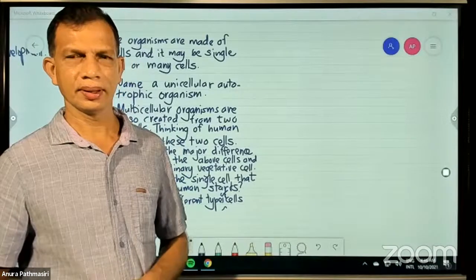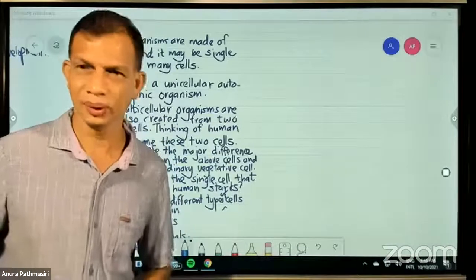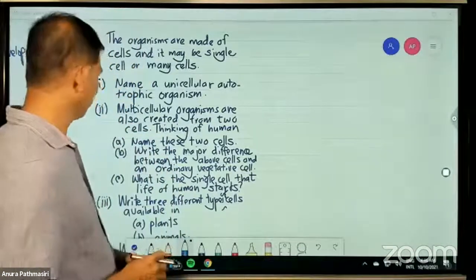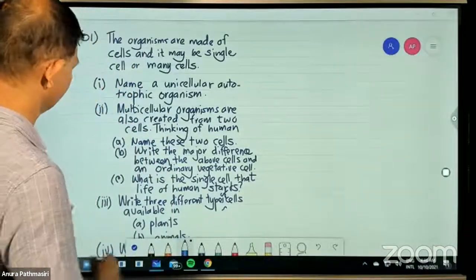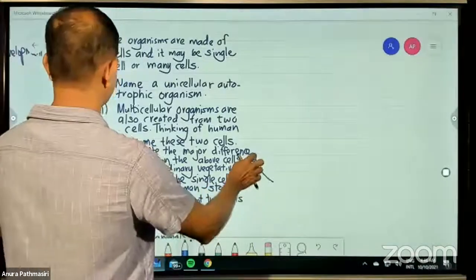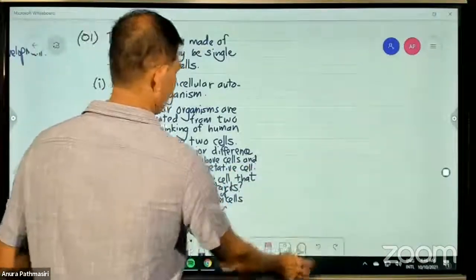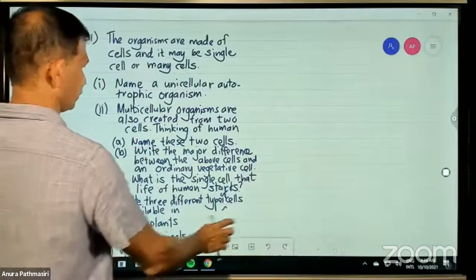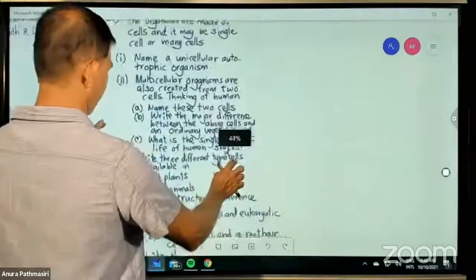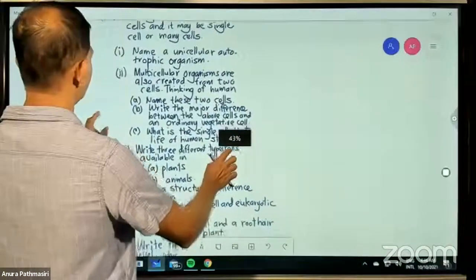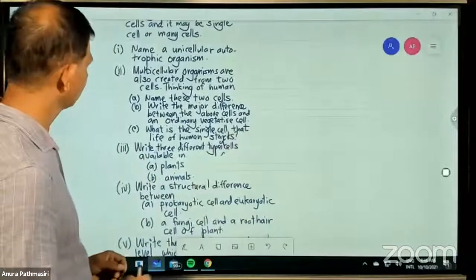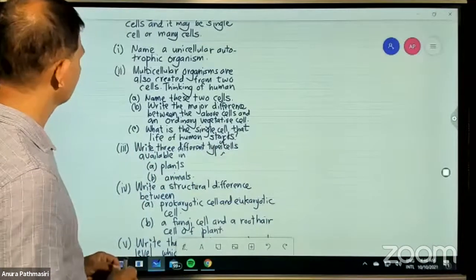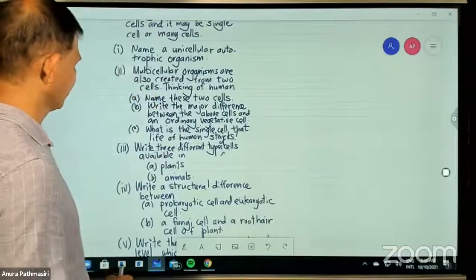Which part did you find difficult? The second part.